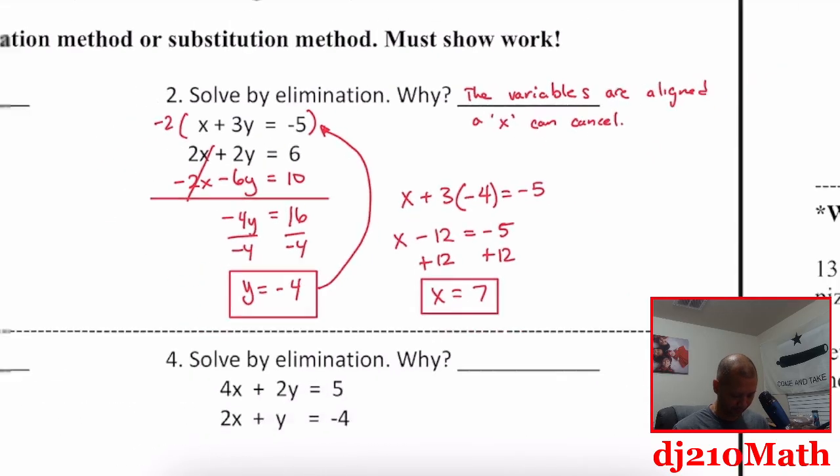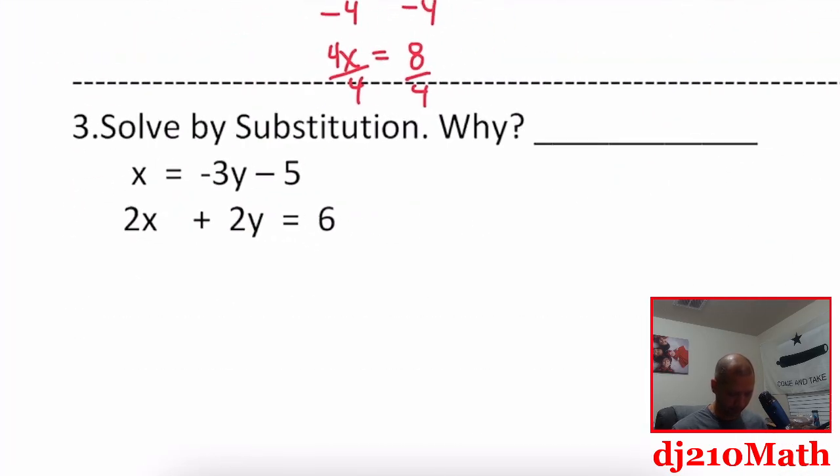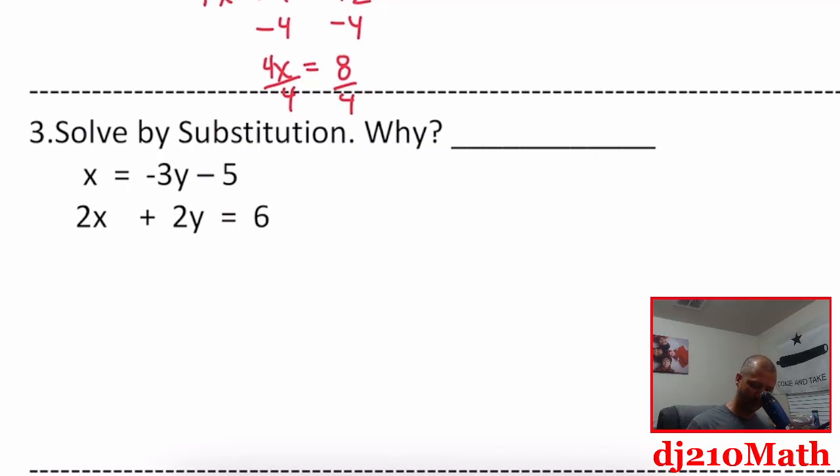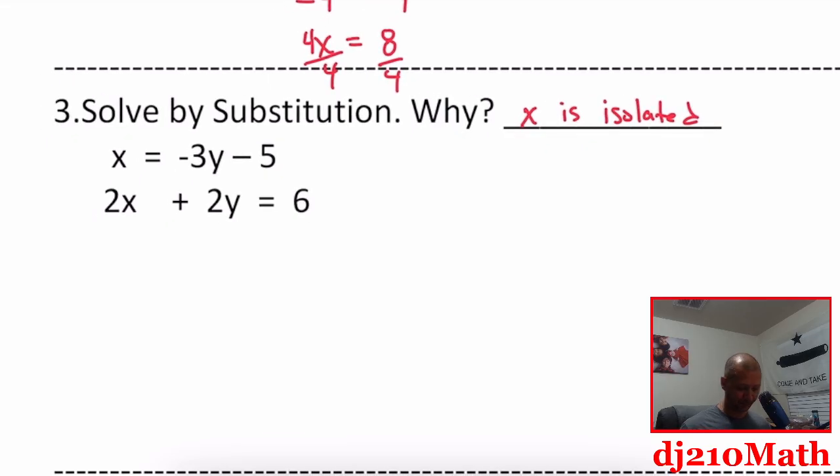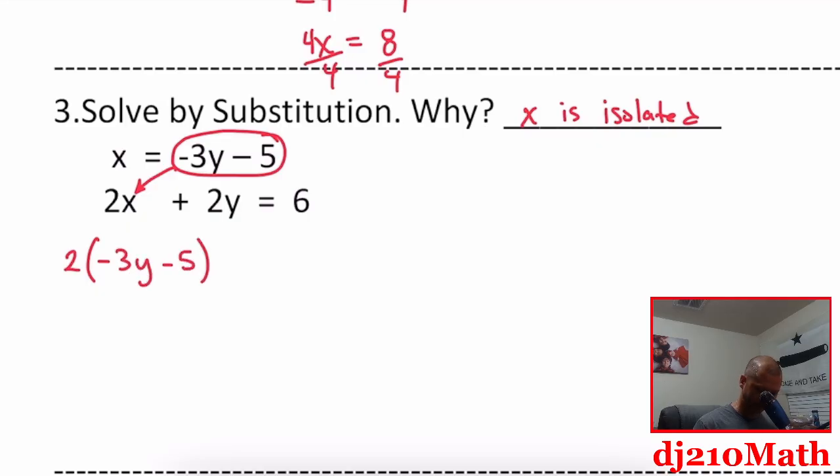All right. Substitution. Again, why? Because x is isolated. And I'm going to plug into x because x is equal to negative 3y minus 5. So we get 2 times negative 3y minus 5 plus 2y is equal to 6.